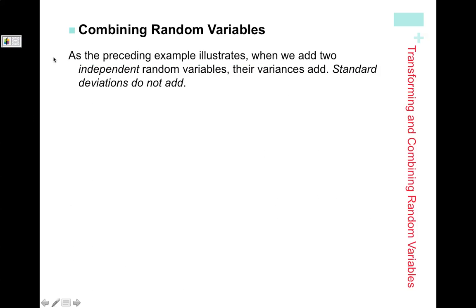And when we add two independent random variables, their variances can be just added together. The standard deviations, however, do not just add. And that's going to be a little bit counterintuitive to us because we can add the means, we can add the variances, but we can't add the standard deviations.